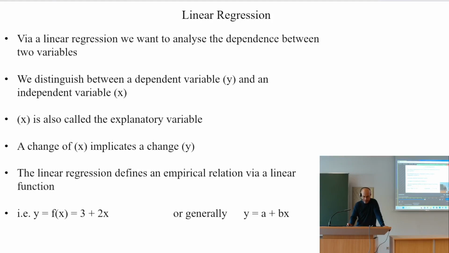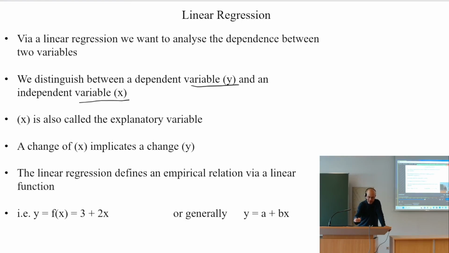Well, so we have then to distinguish the dependent variable and the independent variable. So we want to explain one variable by the other variable. And what we assume behind is that we have just a linear dependence between these two variables.